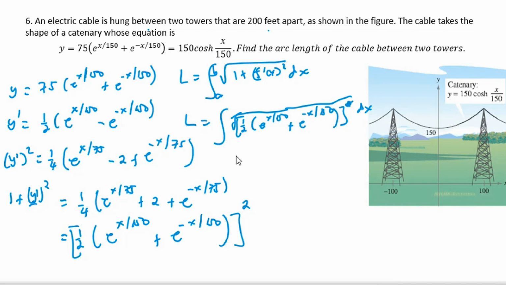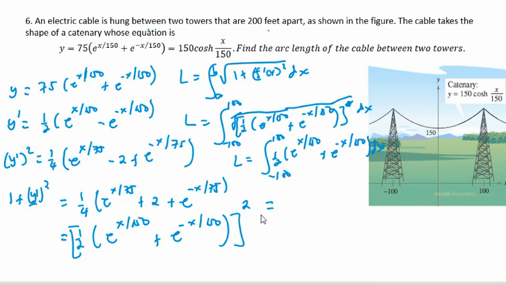Therefore, L is equal to the integral of 1/2 of e raised to x over 150 plus e raised to negative x over 150, dx, evaluated from negative 100 to positive 100. Now we take the integration.